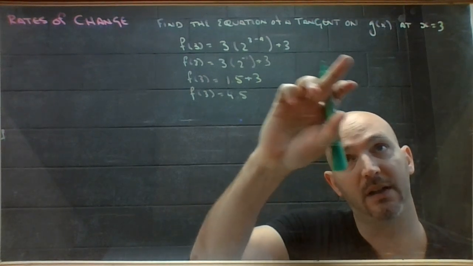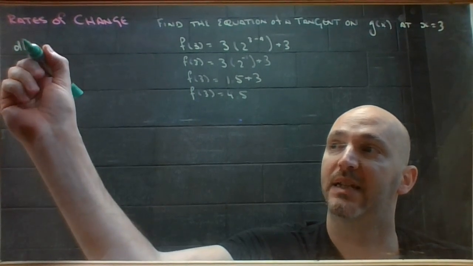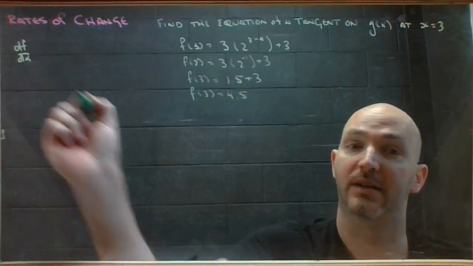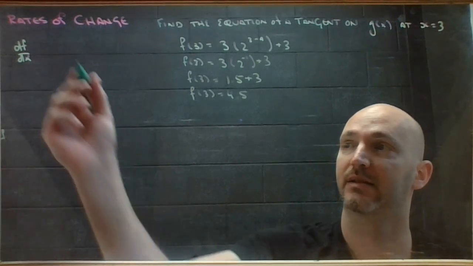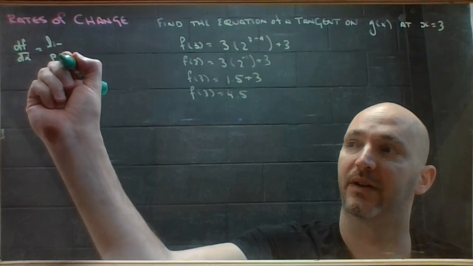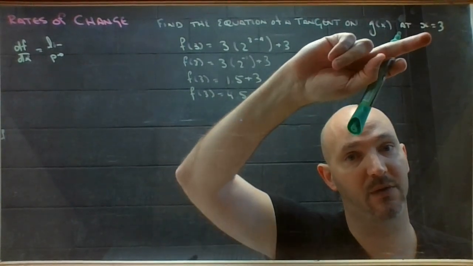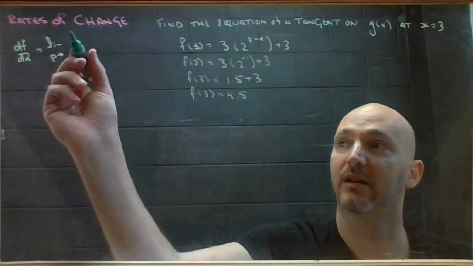But to do a tangent, right, slope of a tangent is df by dx, not delta f over delta x. I need to allow a dummy variable to slide towards the x value I'm trying to evaluate at. So here it will be 3.